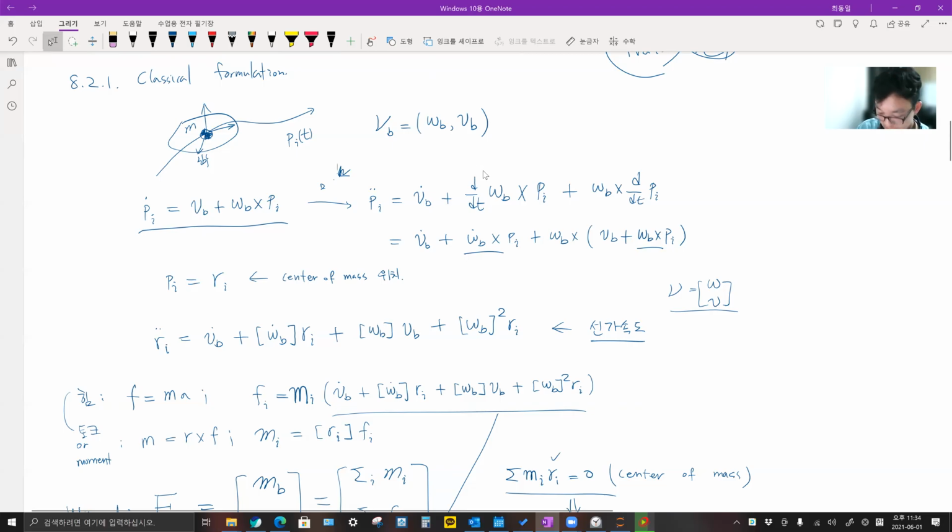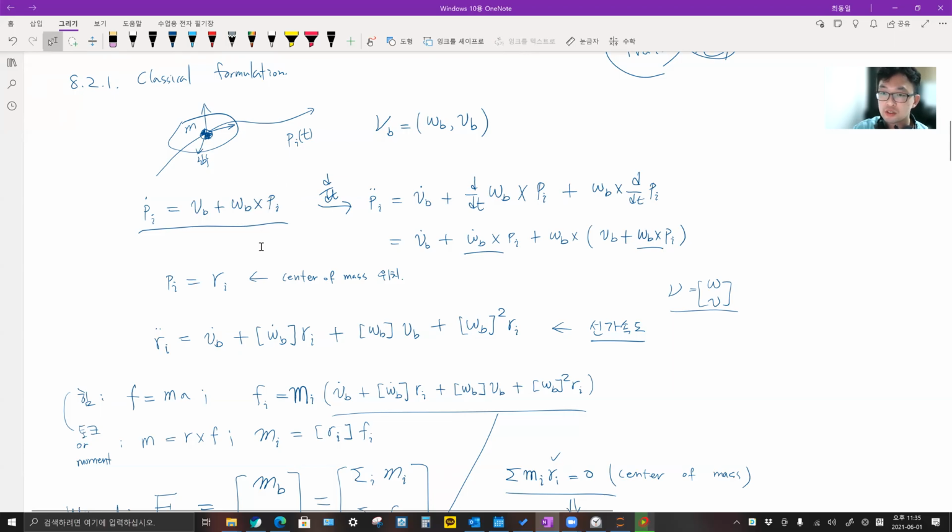here, then we can calculate P double dot. And this one becomes like this. And here, because there is a cross product, we should use the chain rule.